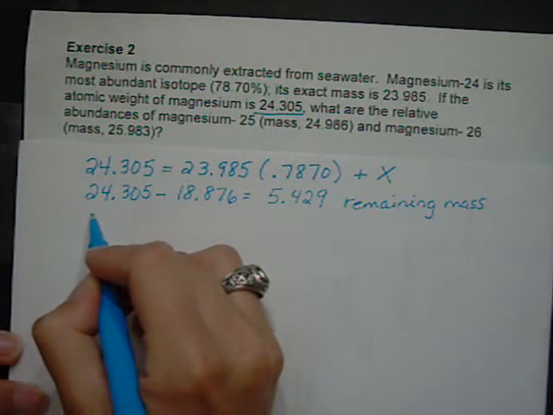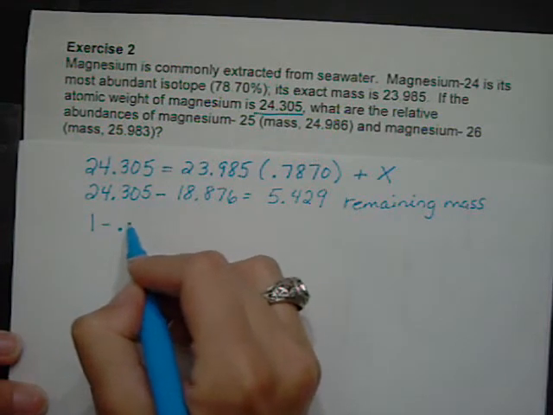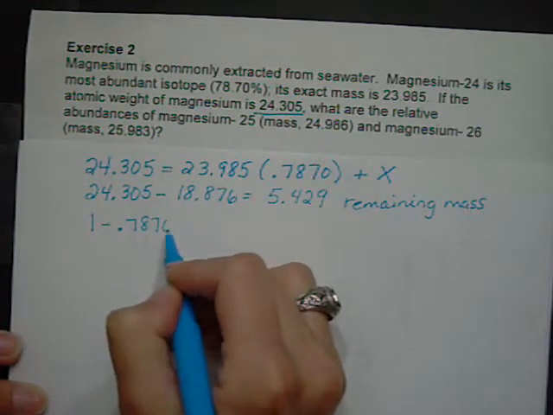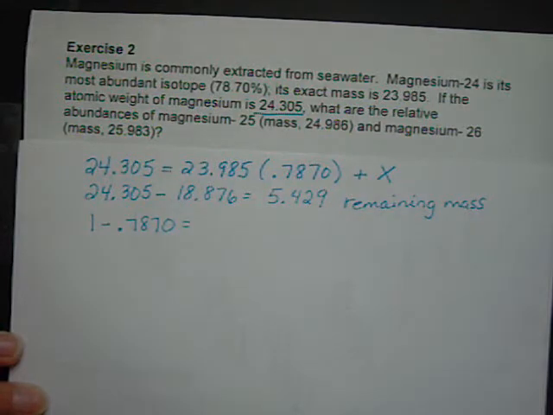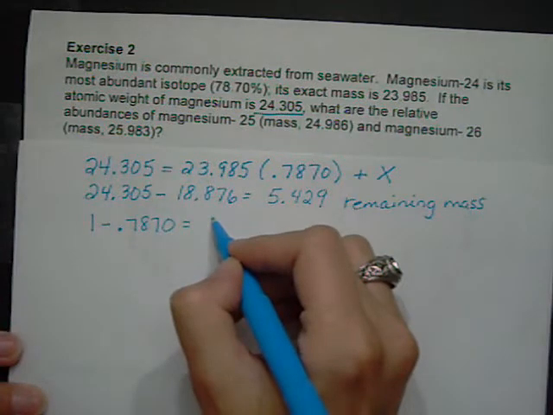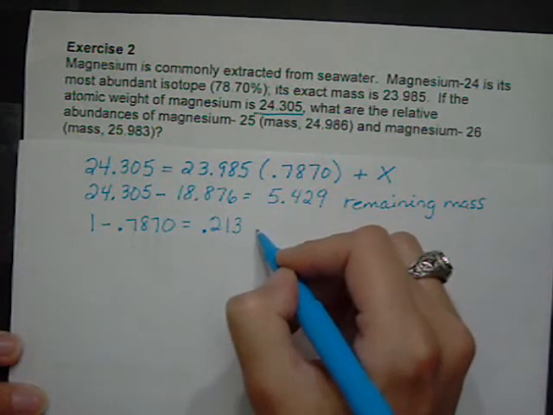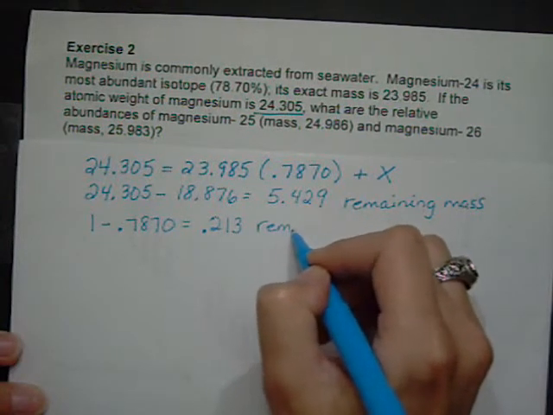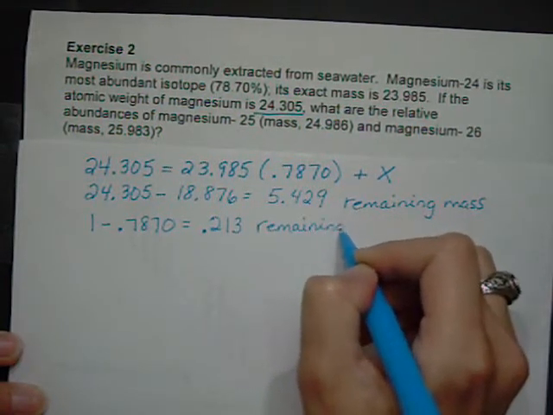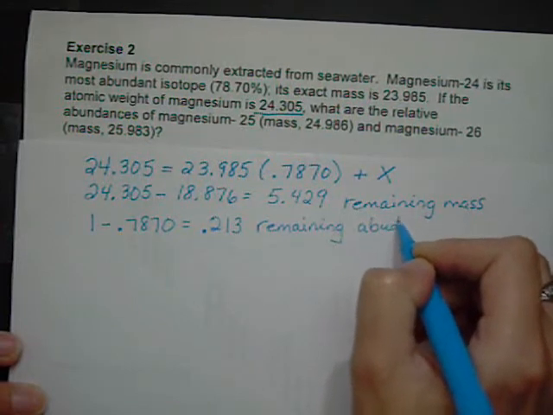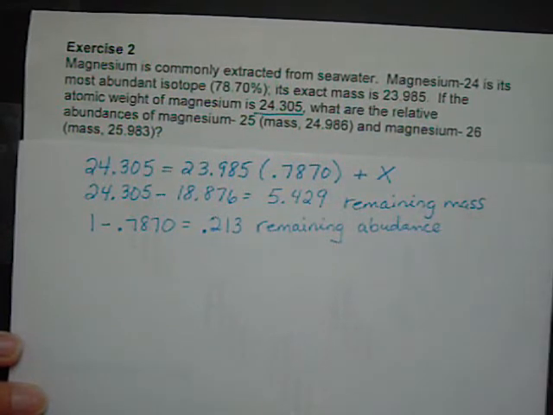I'm going to do it out of 1. 1 minus 0.7870 tells me that I have 0.213 remaining percent abundance. But of course it couldn't be simply split evenly between the two of them, because otherwise we would just take an average and that would be the easy way.